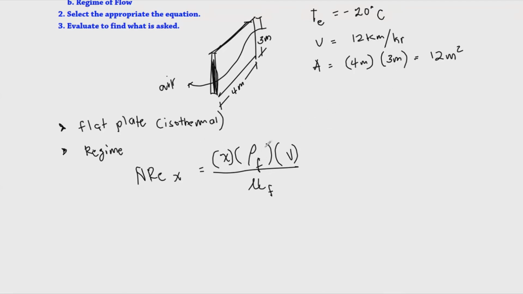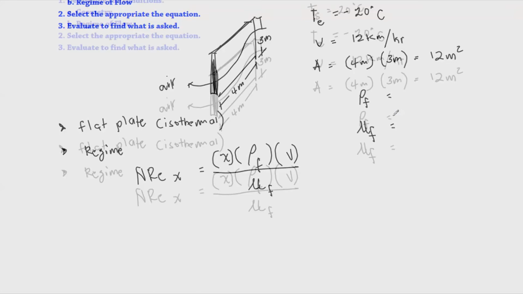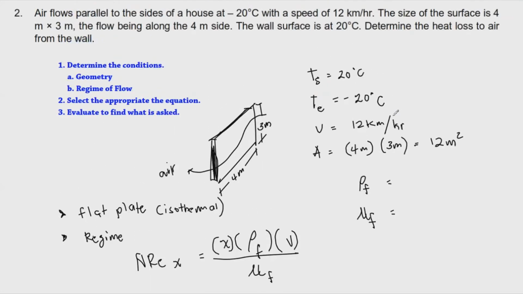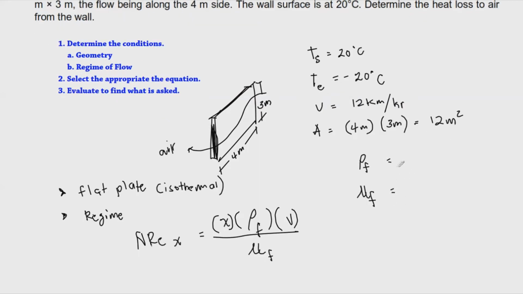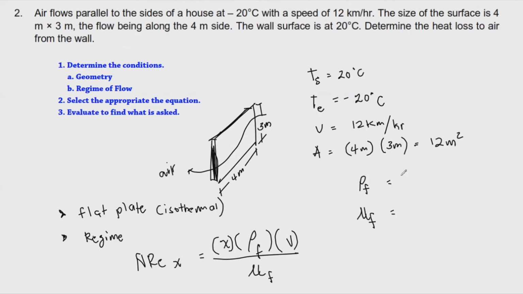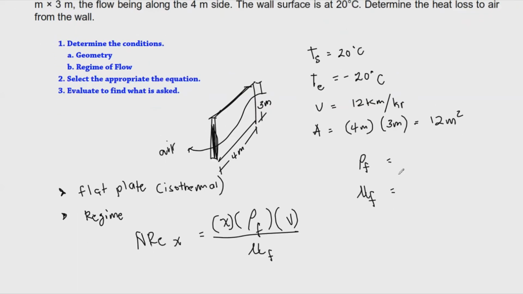To be able to find the Reynolds number, we need to find the density at the film temperature and the viscosity at the film temperature. Since we can find the density using something like PM over RT, but we don't have the pressure, I'll just be using the property tables from the handbook.